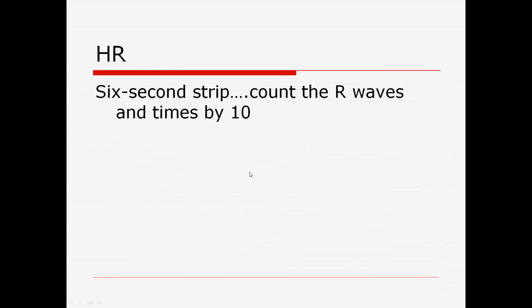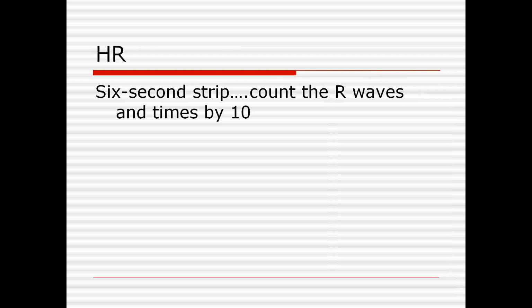So on a 6-second strip, there's more than one way basically to count up how fast the heart is beating. So one way is you count the R waves in a 6-second strip, times it by 10. That's one way to do it. We don't have the time to look at an EKG and start from 1 and count all the way up to 120.